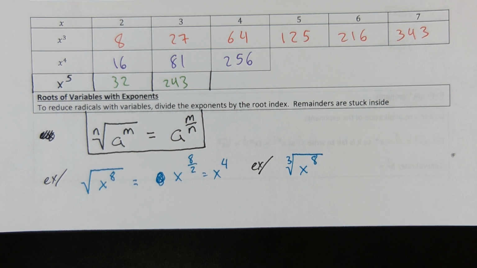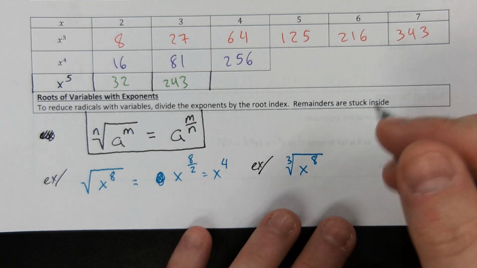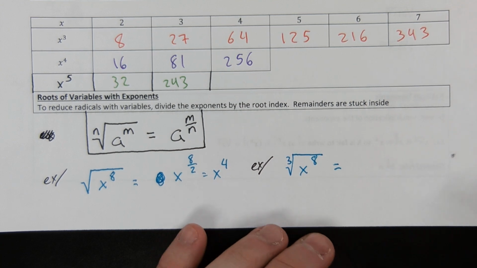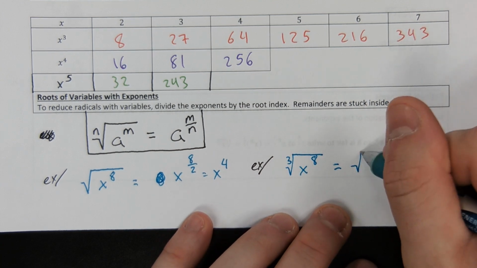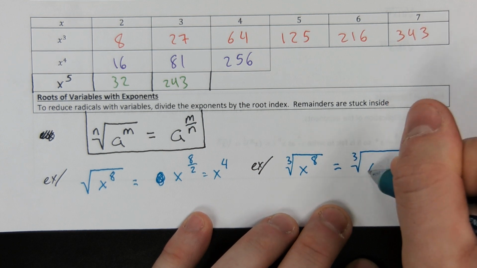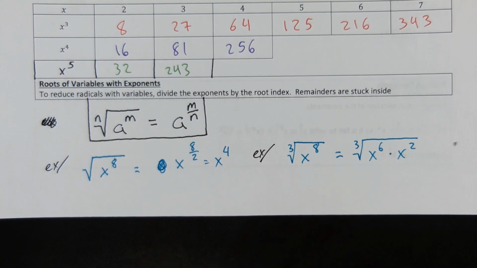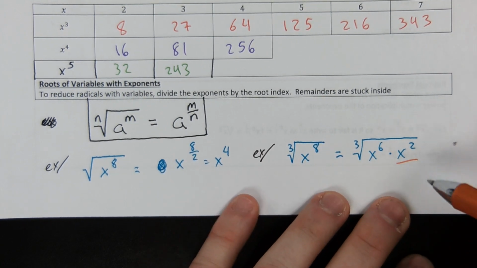Can I divide 8 by 3 without a remainder? No, there's going to be a remainder. What number could I have divided by 3 and not get a remainder? The 6. So what you do is the same thing we were doing before. You split it into something that works and something that doesn't work. You've got a cube root, the 6 with a remainder of 2. This will be stuck inside.